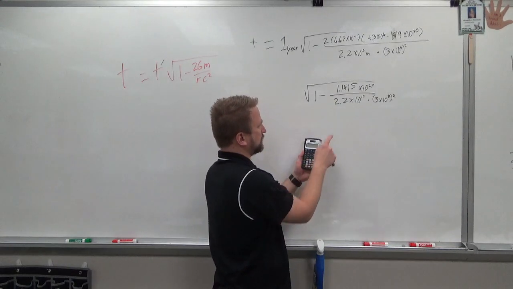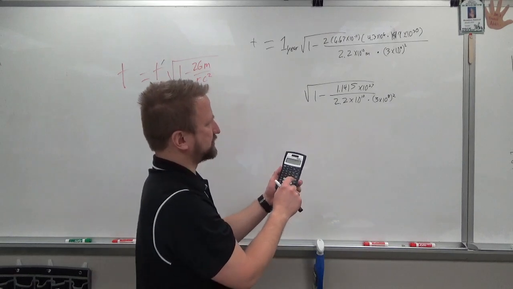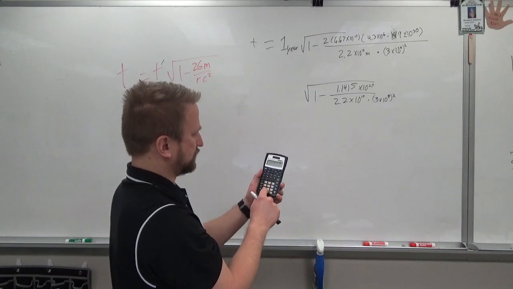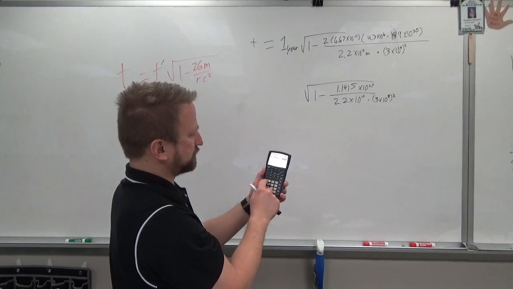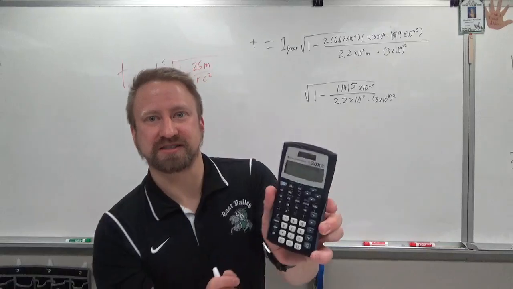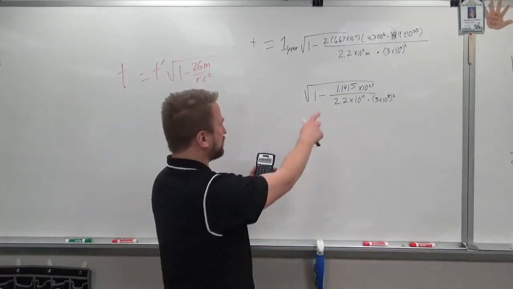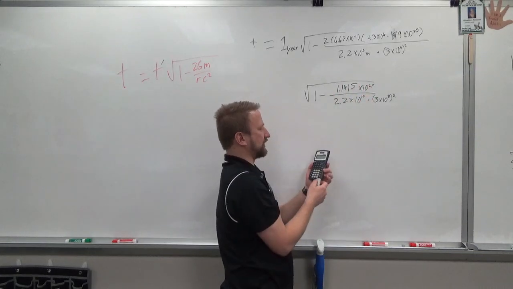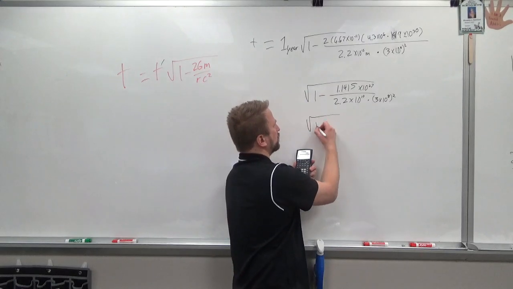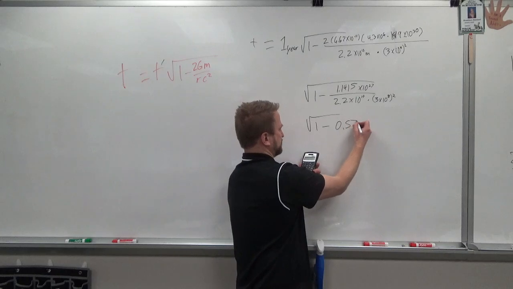I'm going to close the parentheses and hit times, open another parentheses, 3 times 10 to the 8th squared. I don't know if you can see, that's what I put. But I'm going to simplify this whole thing now, which comes down to the square root of 1 minus 0.5765.